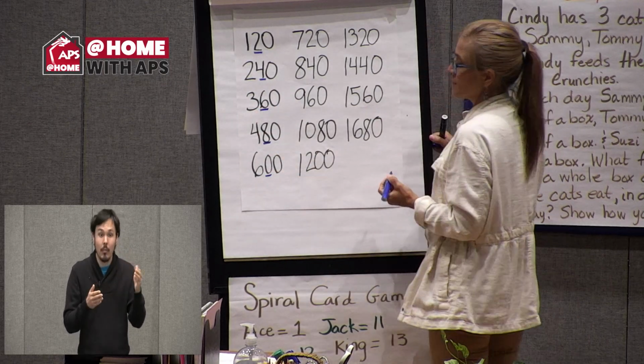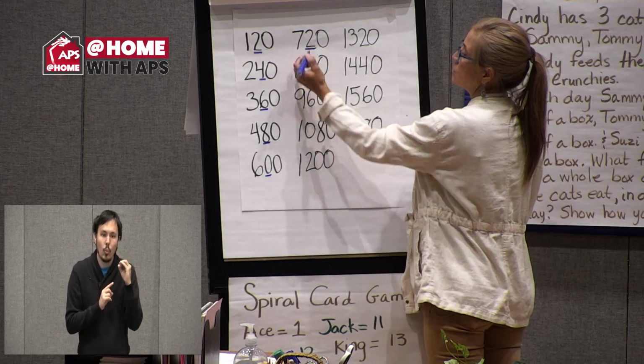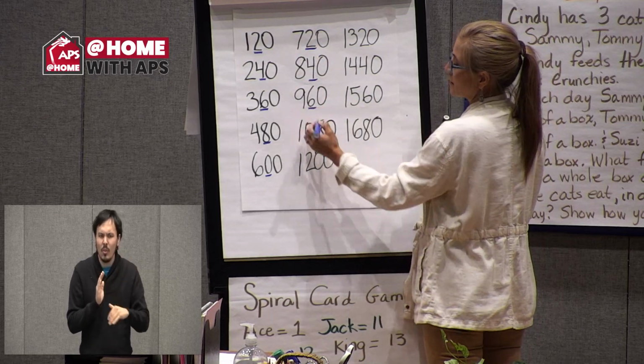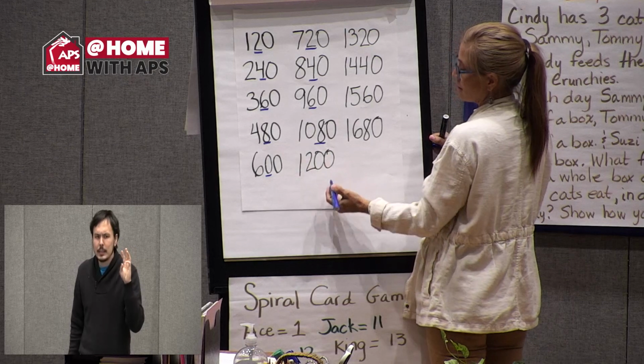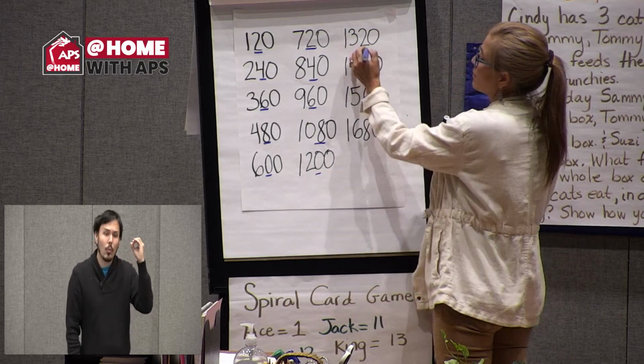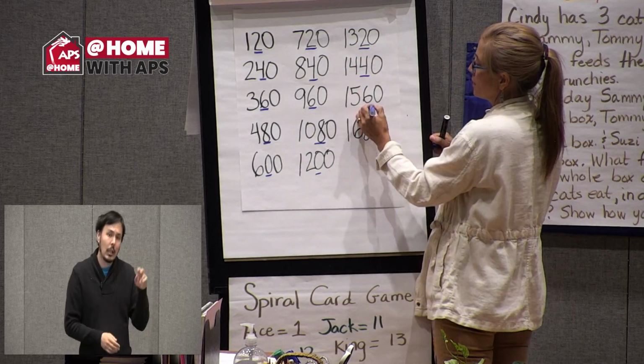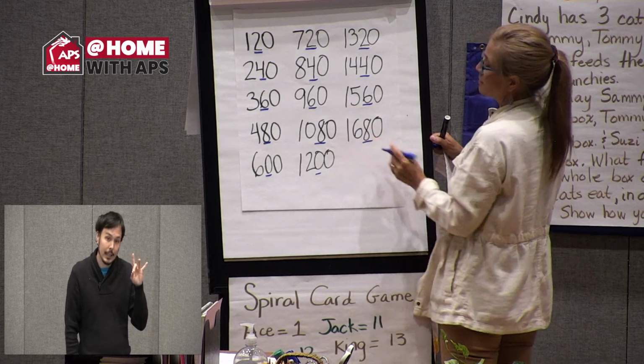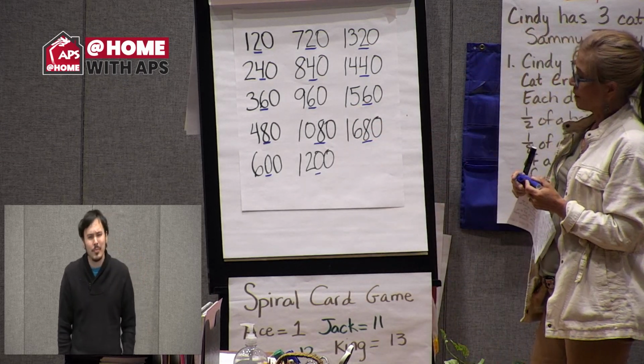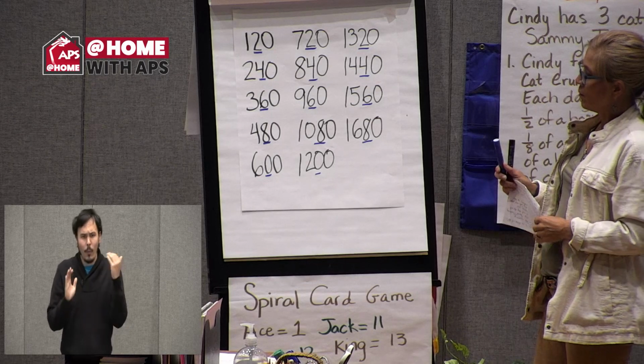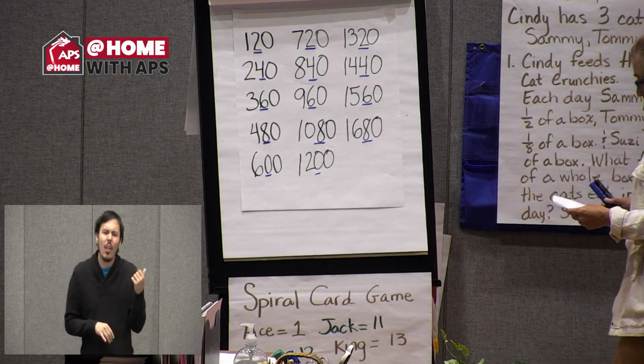And then that 0 comes at the end, right? 2, 4, 6, 8. 2, 4, 6, 8. We see that pattern repeated over and over. What other patterns do you see?